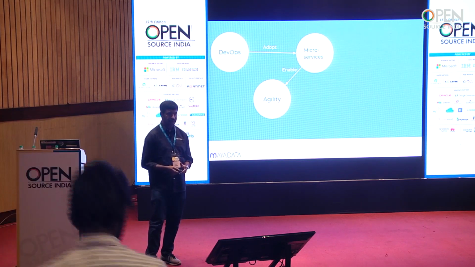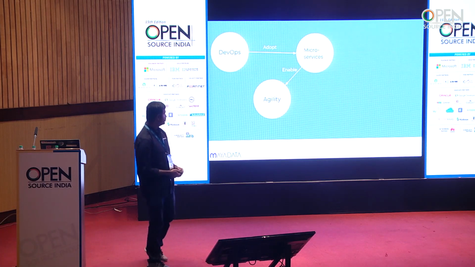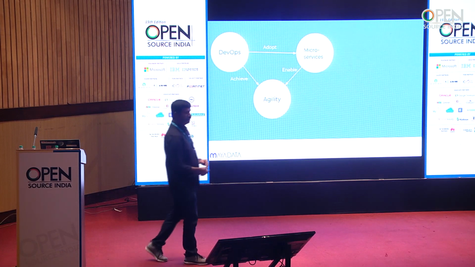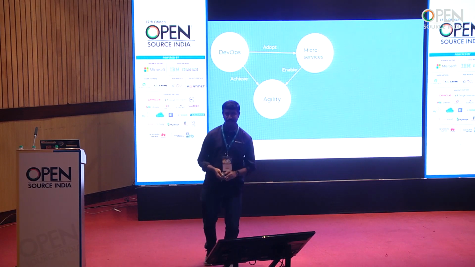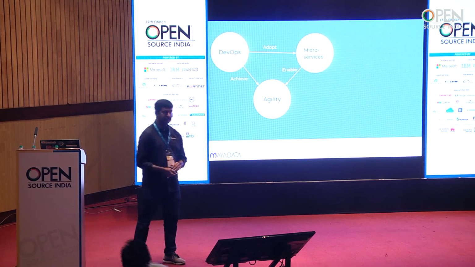That's probably what is driving the need for going towards microservices. That's why DevOps is really getting agility, and that's why they're going to microservices. So that's a very quick way of telling what's happening right now, at the very highest level.